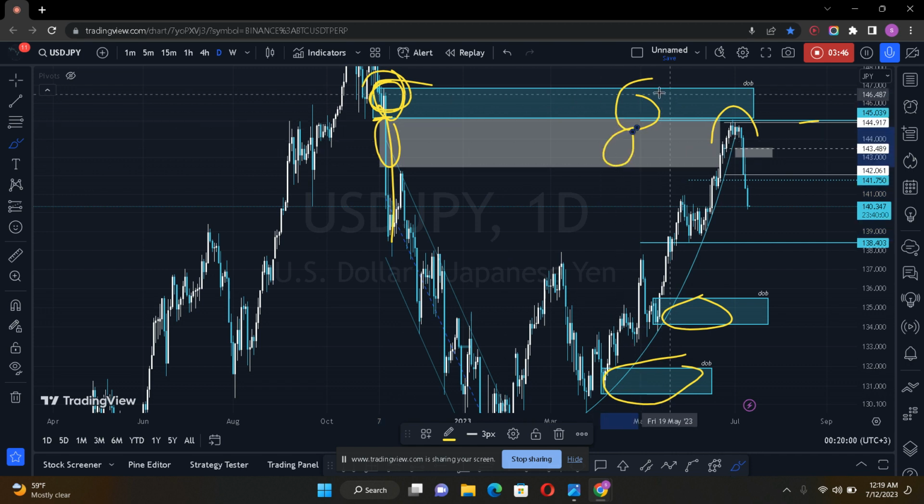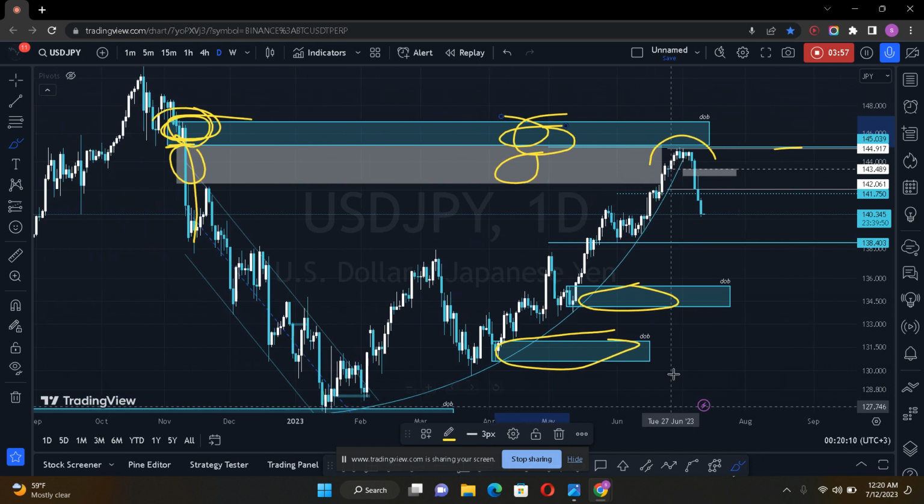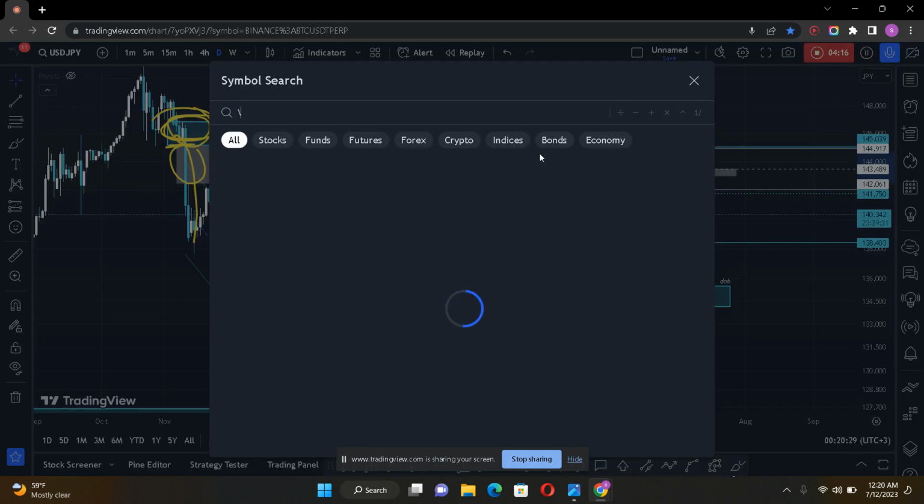So this fair value gap coupled with this daily order block form a high probability trade entry zone for me, and we can see price rose to our levels, ranged for a short while. That means we had a liquidity sweep at the level, and we have a sell-off. So before we go ahead, let me clean up the charts for more clarity.